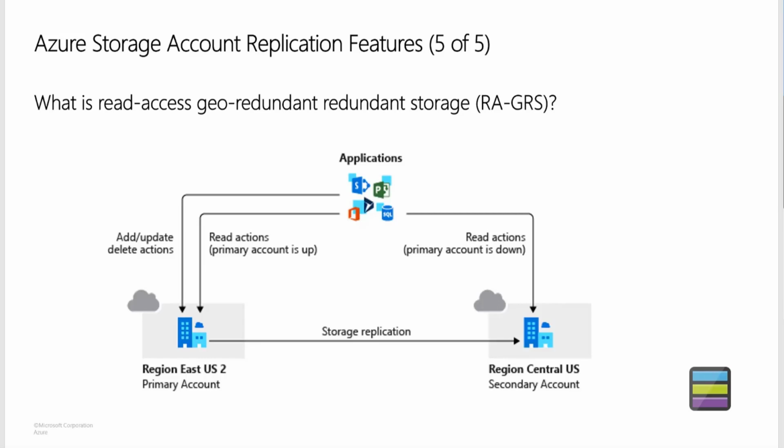When the primary endpoint becomes unavailable, you can fail over to the secondary endpoint. After the failover and the DNS endpoint updates are complete, the storage will be set back to LRS. You are responsible for reverting the replication settings from LRS to RA-GRS or GRS after the primary region is available again.